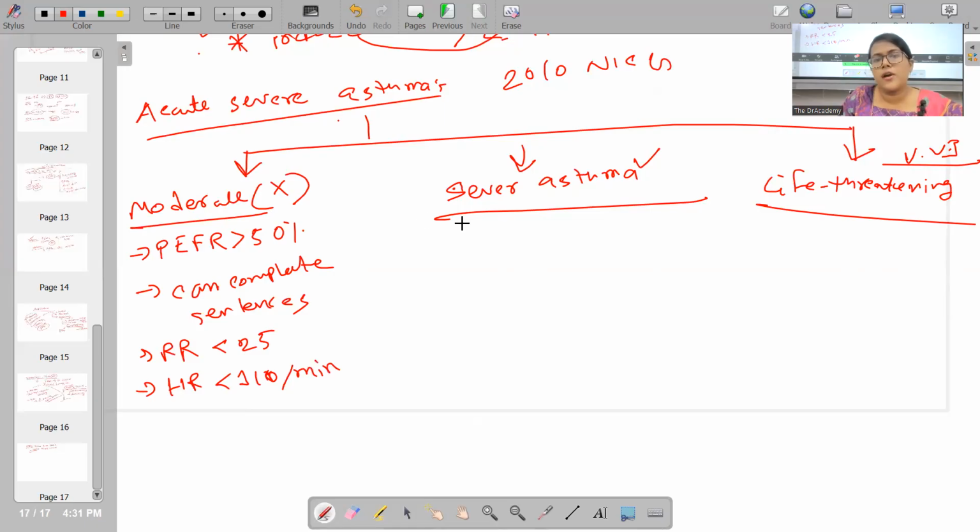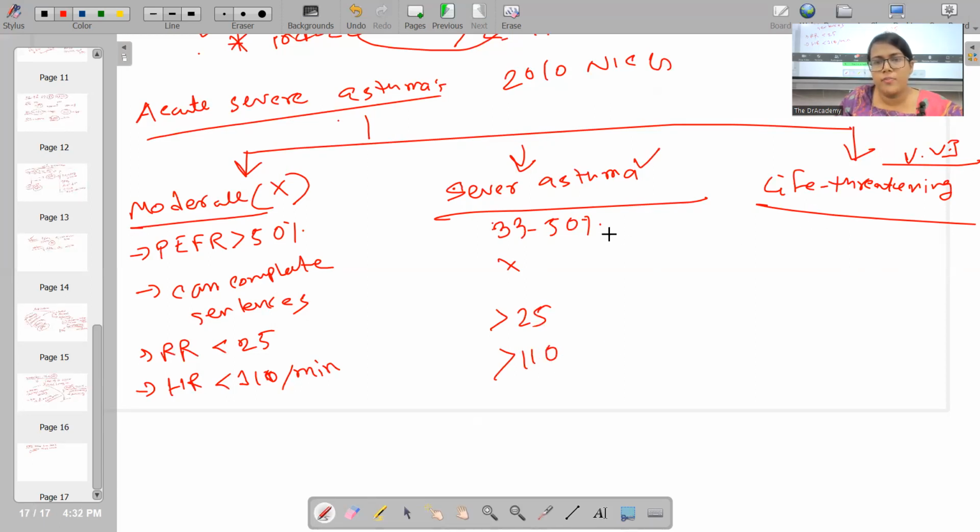Severe asthma will be the opposite. The peak expiratory flow rate is 33 to 50%. The patient cannot complete sentences. Respiratory rate is more than 25 breaths per minute, and pulse is more than 110 beats per minute.